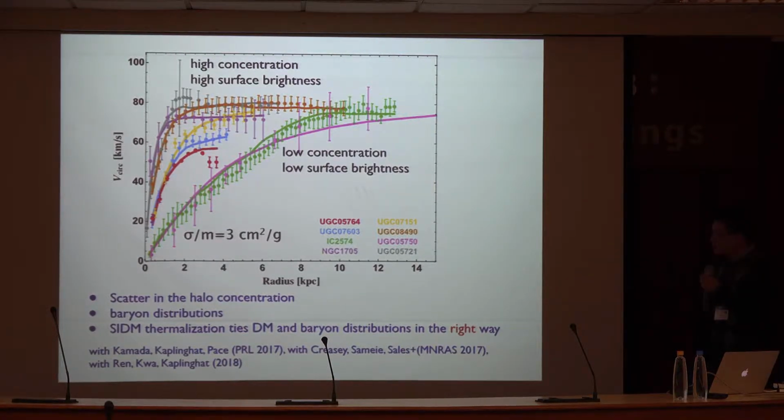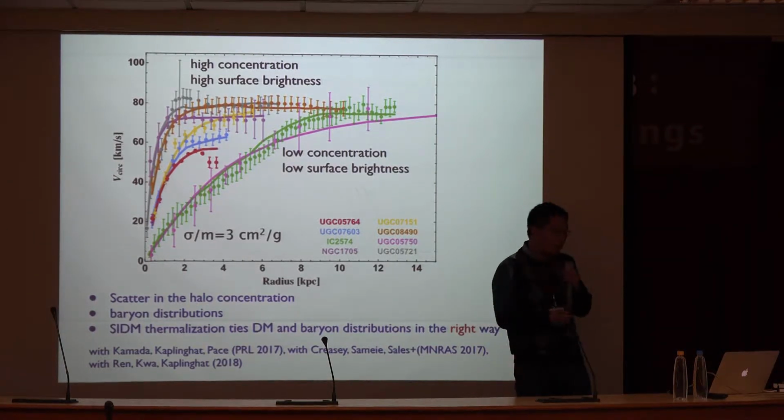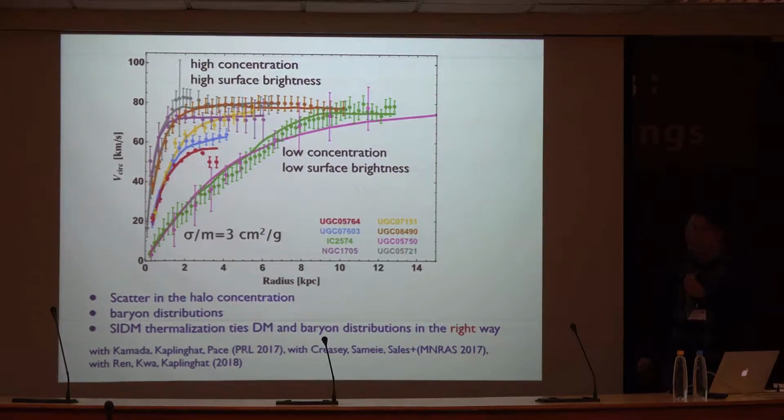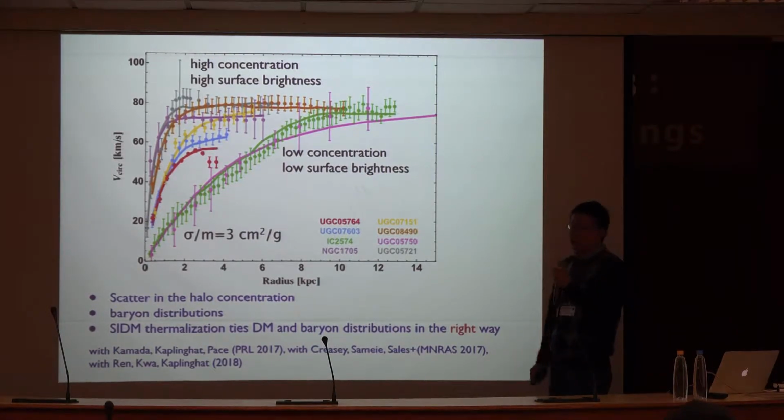And we realized there are 3 key ingredients for the SIDM to be successful. One is the scatter in the halo concentration. So some halos are just more concentrated, more dense than other halos. And this is due to the different galaxy formation histories, the halo formation history. This is what you would expect. And the baryon distributions are important.